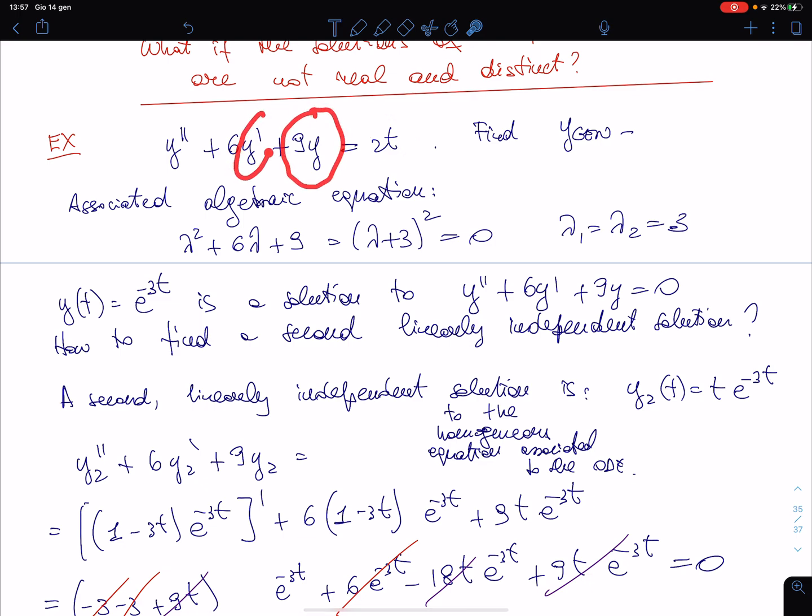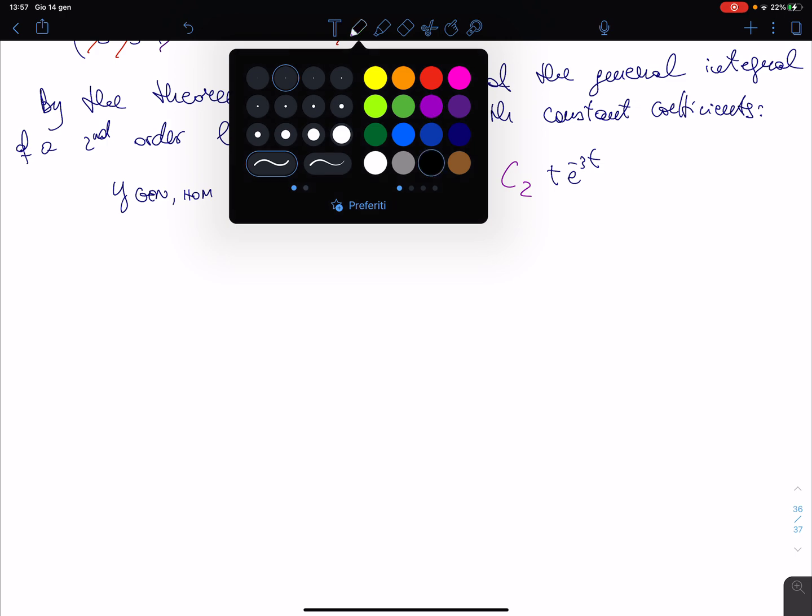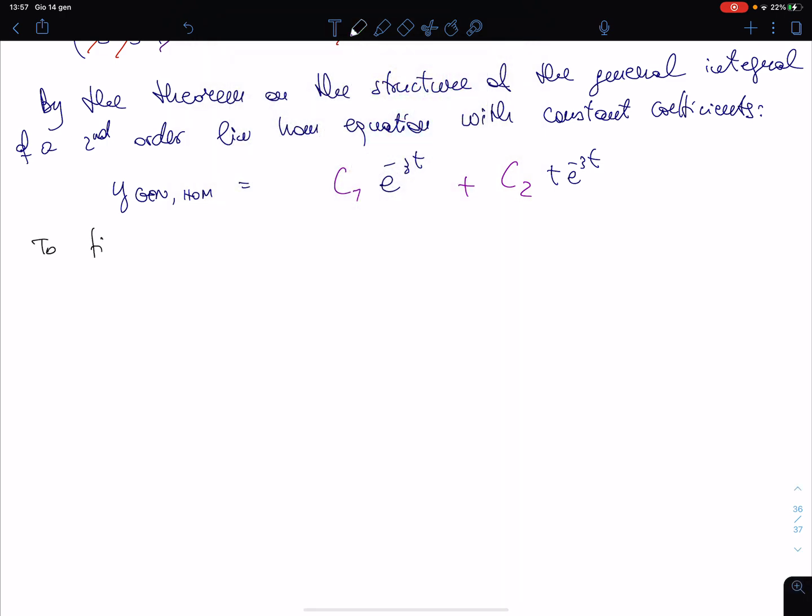Here you generate a constant, so perhaps a good guess to find a particular solution is yp = at + b.